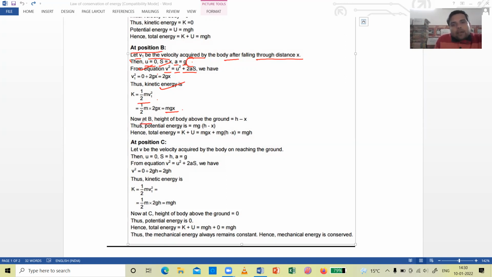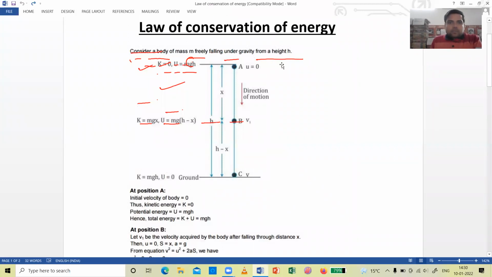Now at position B, the height of the body above the ground is going to be what? Look at this figure.